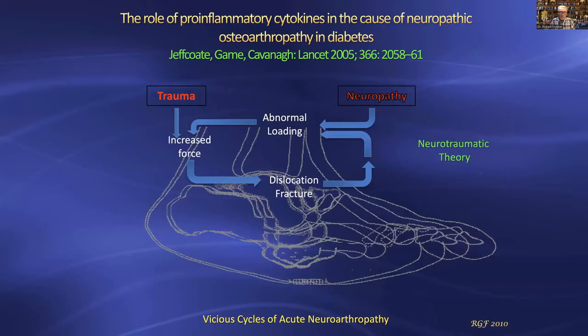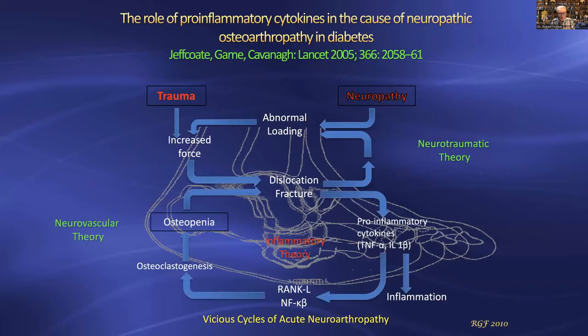And this was really part of the neurotraumatic theory, which was a prevailing theory in the early part of the 20th century, where we had that neuropathic foot subjected to trauma, and the increased force leads to fracture or dislocation. With continued weight bearing, you get this so-called vicious cycle that breaks down the foot, as we well recognize.